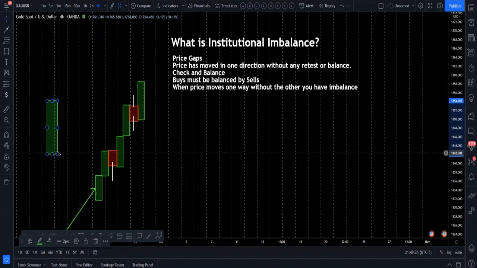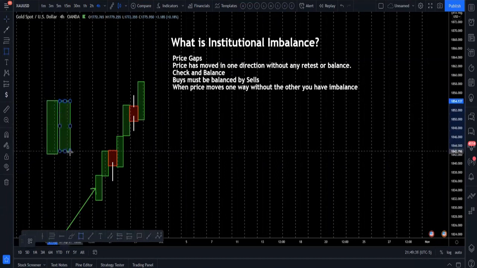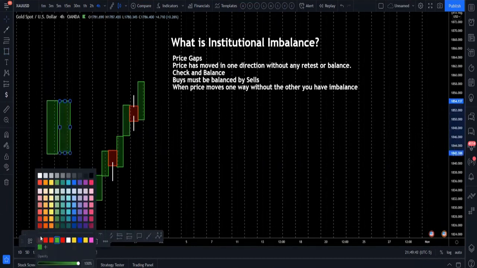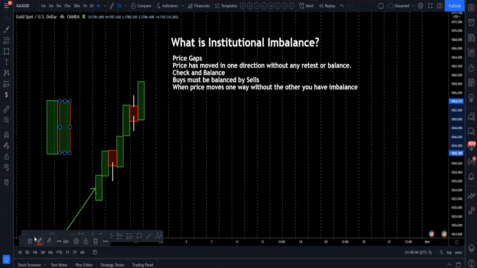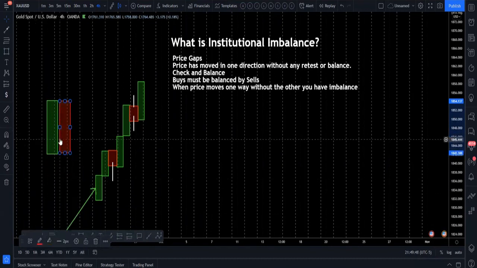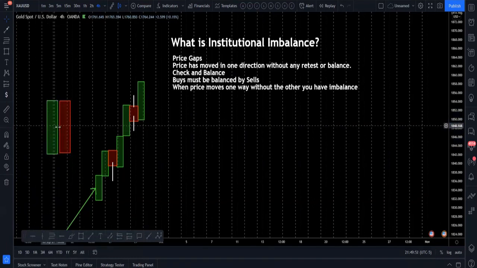The market makers care more about balancing their order flow. And to balance that out, a lot of times either a candle right after it, or they come back to it later and balance out those buys, to where now you have an equal amount of buys balanced out by an equal number of sales.